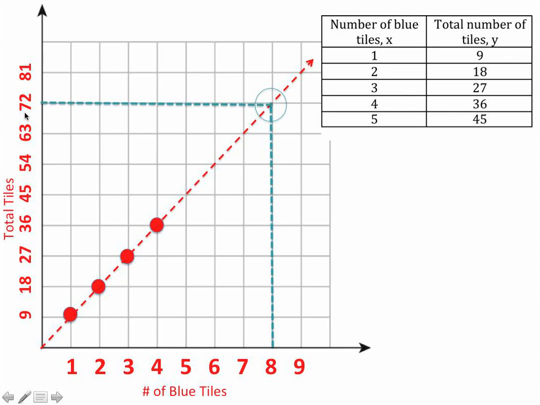So whether you use the equation, whether you use the graph, whether you were to extend the table and go 54, 63, 72, any of those work, are always going to give you the same answer. So the table, the graph, the rule, they're all going to get you to the same spot.